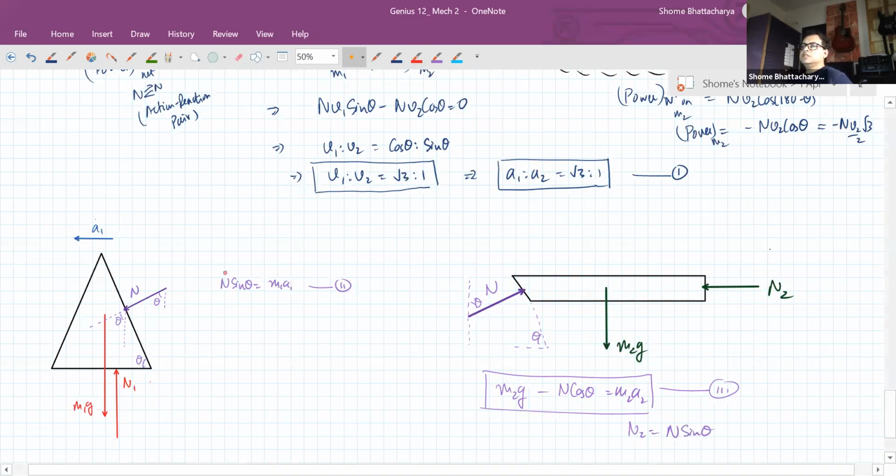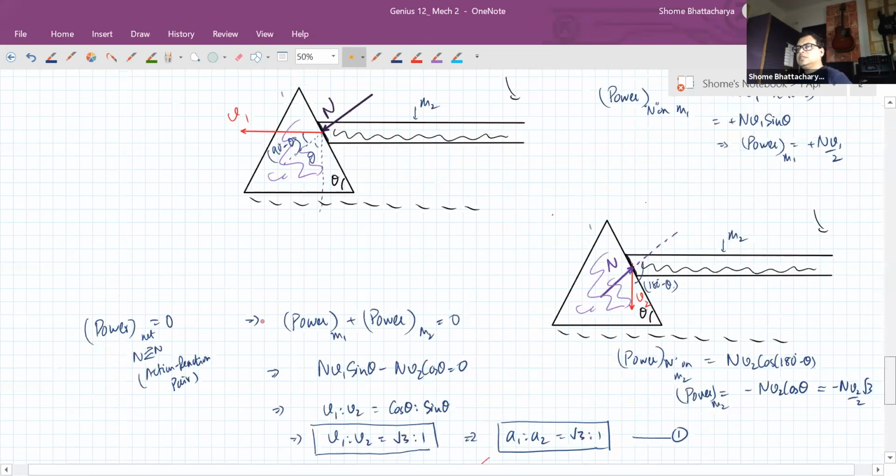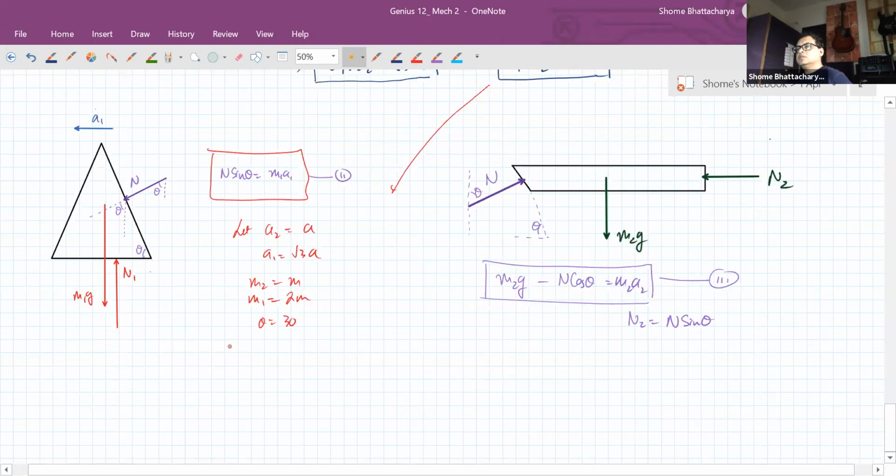So now these three equations, we'll just make use of them. This, this, and this. So let A2 is equal to A. So A1 becomes root 3A. M2 is equal to M. So M1 becomes 2 times M. And theta is equal to 30 degrees.